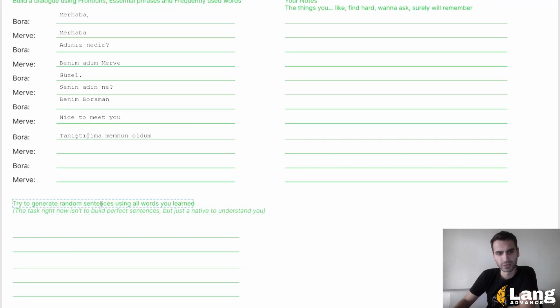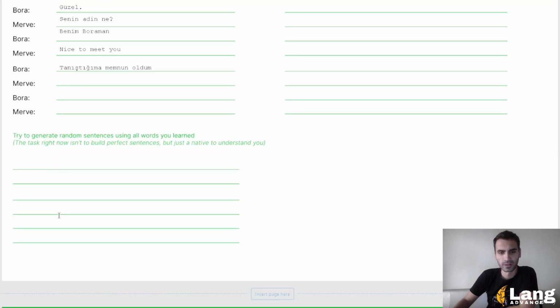And try to generate random sentences using all words you learned. So you learned many sentences. Even sentences you learned and words. Like güzel, iyi, çok iyi, çok, this stuff. So we can build some sentence.